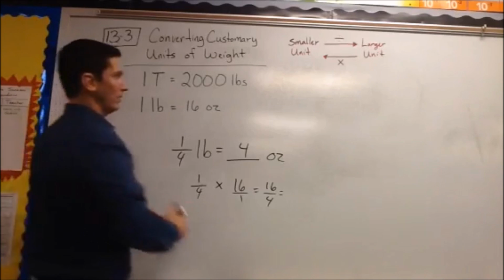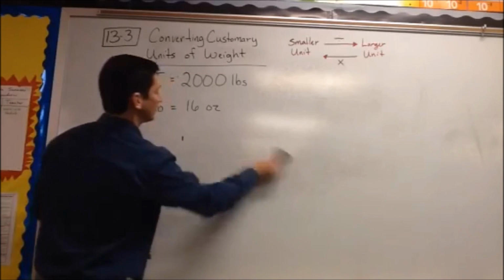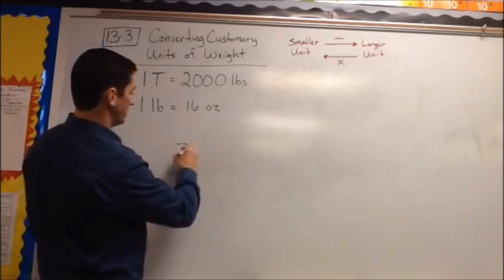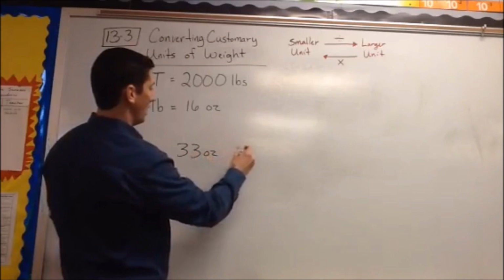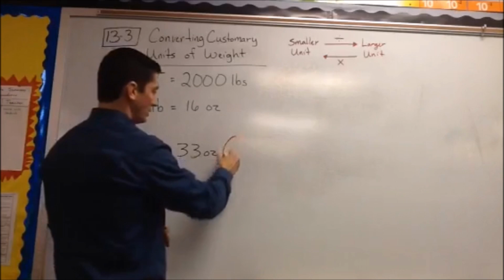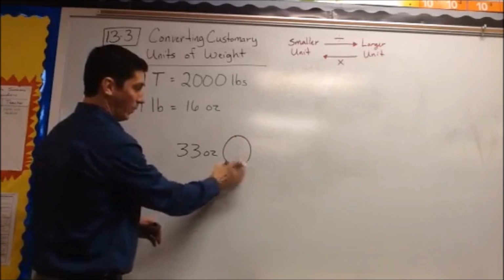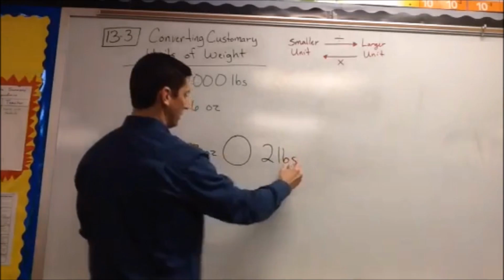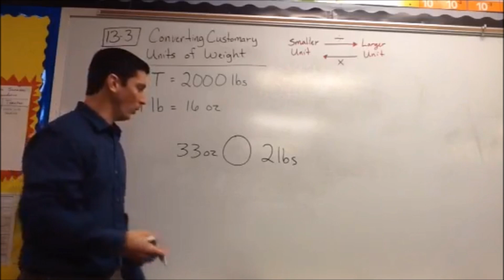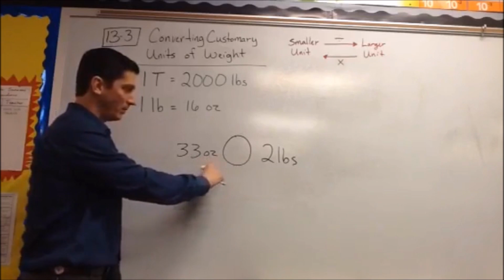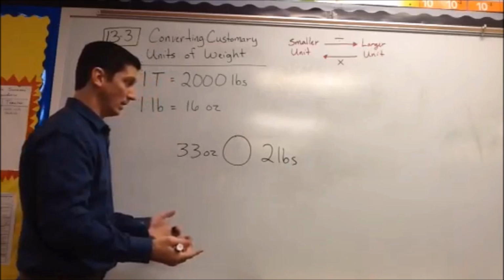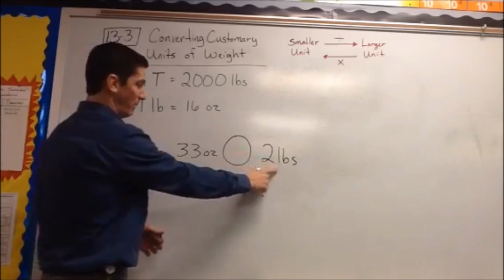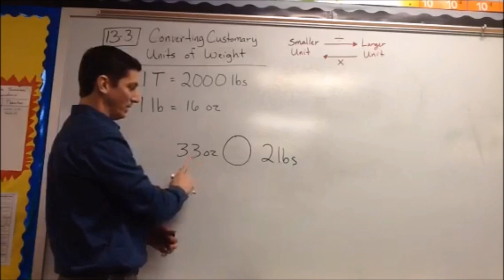Okay, let's try another one. 33 ounces. This is a comparing problem. So I'm going to put that right there, and we're going to place an inequality in there. 2 pounds. We can convert either one of these, ounces to pounds, or pounds to ounces. It doesn't matter. You can do either one. I like to multiply, so I'm going to change my pounds to ounces rather than divide.